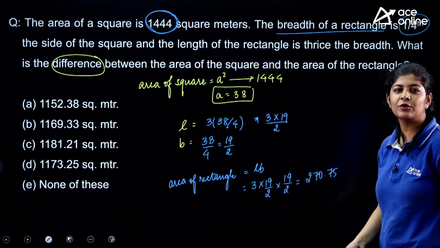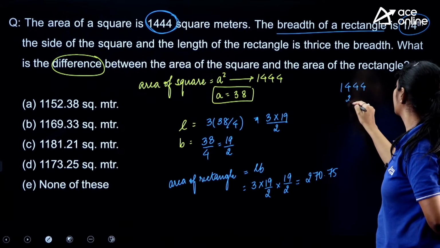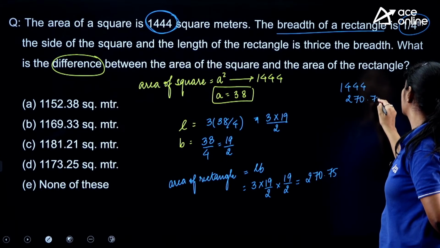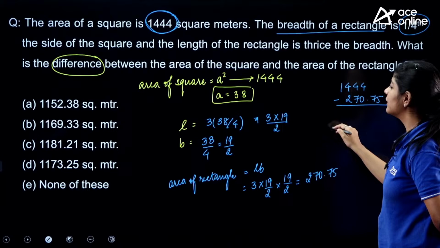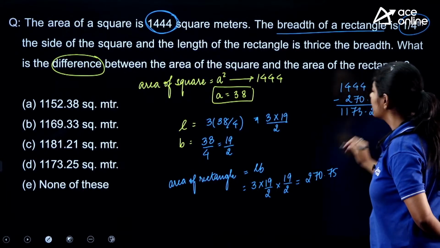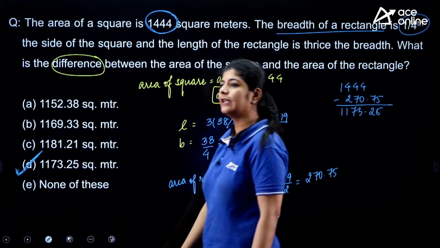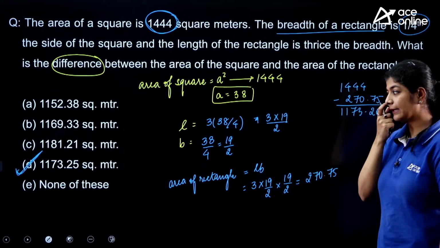Now we simply have to subtract these values. And with the help of this, you will get 1173.25. This is the value that you got, so option number D is your correct answer, right? Option number D is the correct answer. Next.